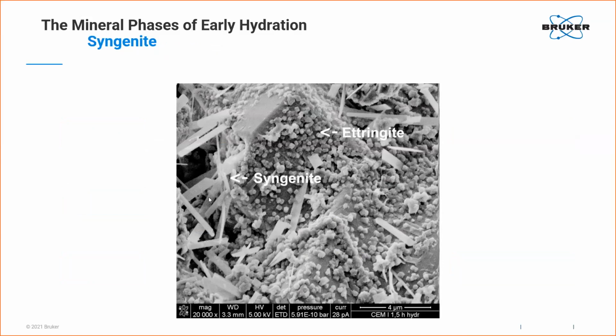These are the needles here. And we also can find some ettringite here. This is also a hydration phase. So syngenite is forming some needles. This is leading to some kind of framework and may have an impact then on how the material is sticking together.